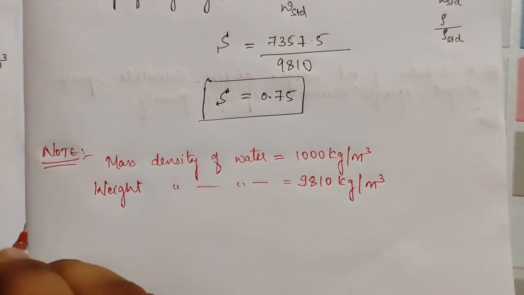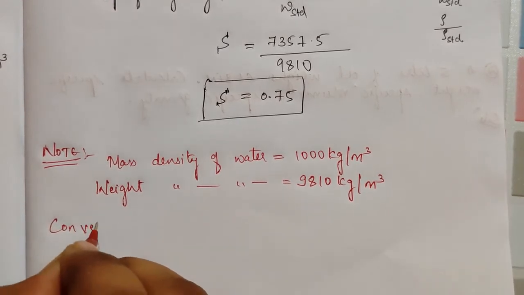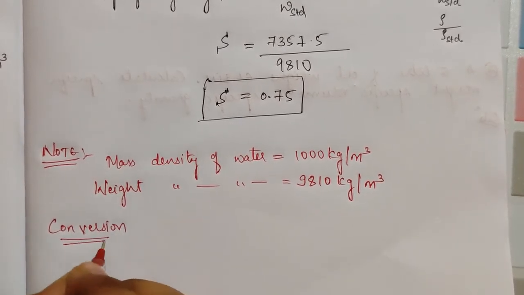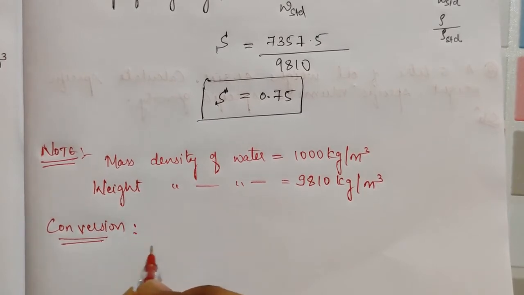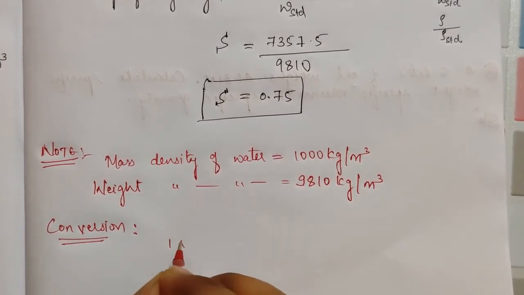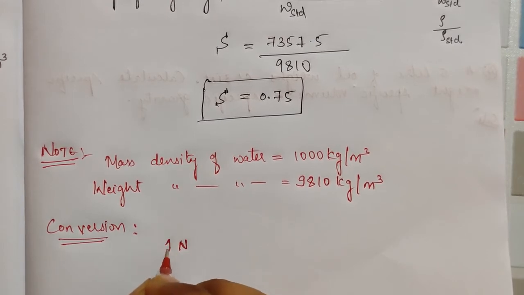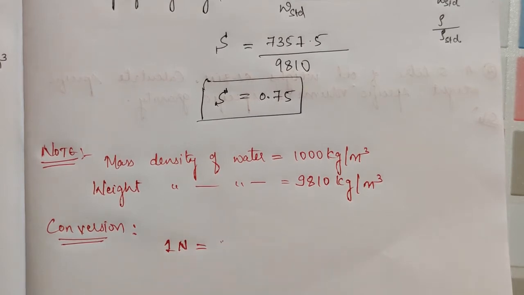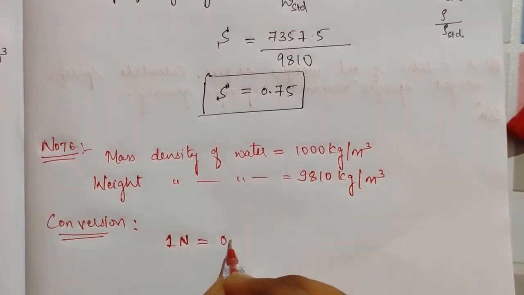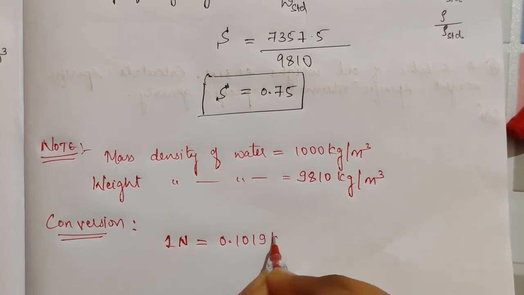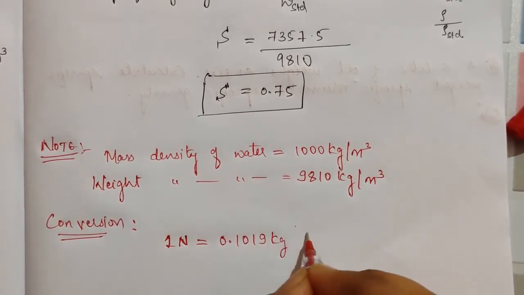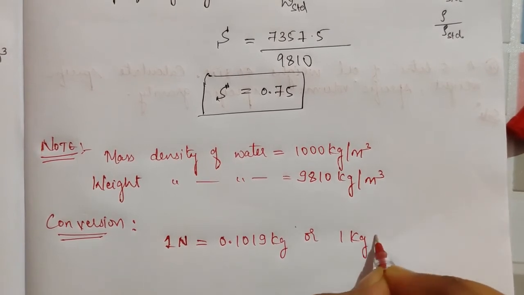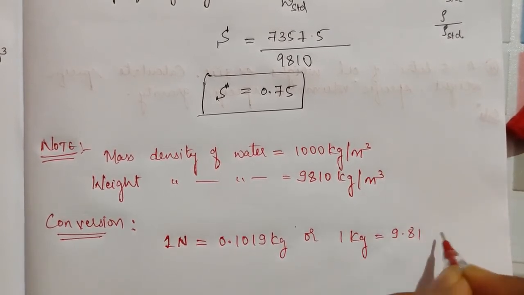Conversions are also very important. When you practice you will be perfect. 1 Newton is equal to 0.1019 kg, or you can use 1 kg is equal to 9.81 Newton.